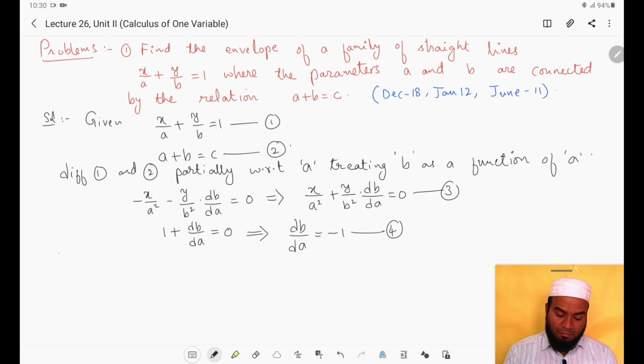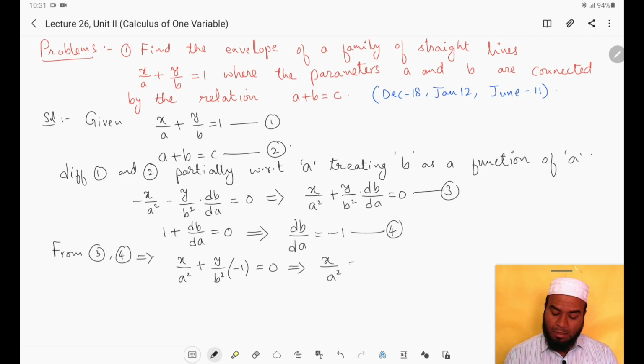So what we will get from 3 and 4? x by a square plus y by b square into db by da, which is minus 1, equals 0. Now this can be written as x by a square equals y by b square, because of this minus, I am taking this to the right hand side, and that will become plus.